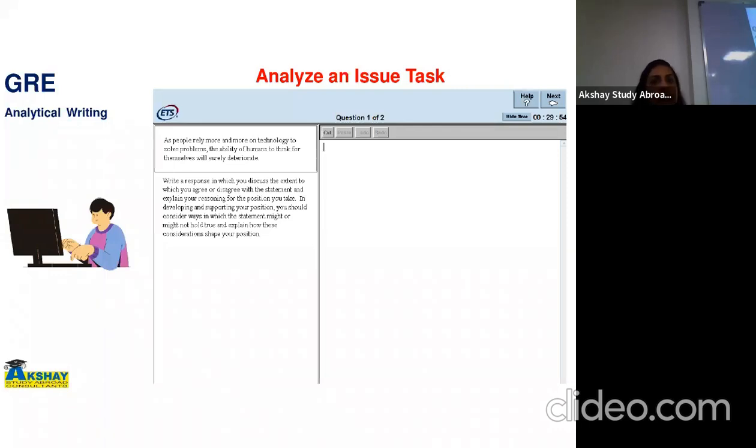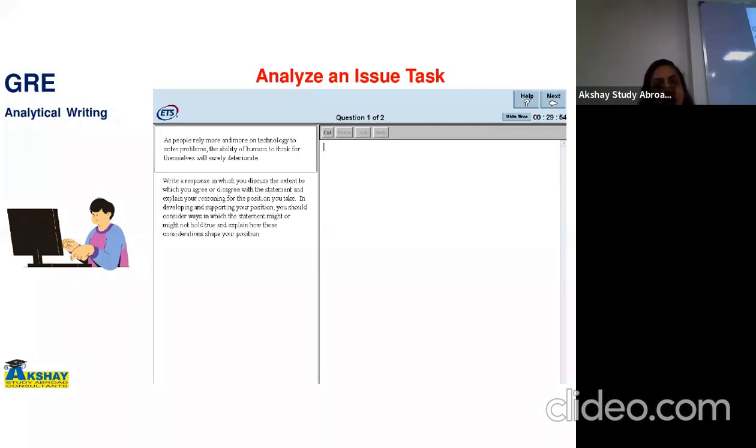Okay, you can see how the slide or how the screen of the analyze an issue task looks like. On the left hand side, you can see a topic, and on the right hand side, you can see the space where you can type your essays. You receive a supply of scratch papers, okay, on which you can jot down the points that you want to develop more fully in your response.